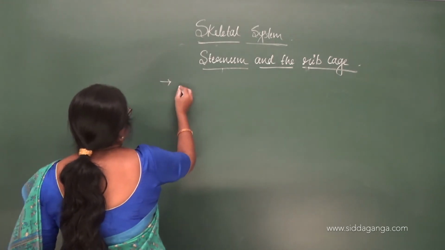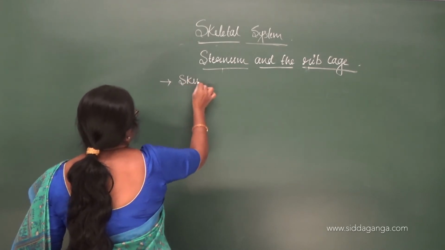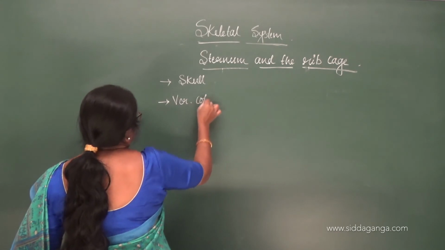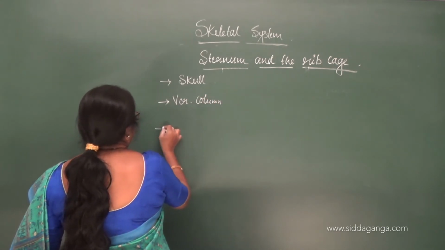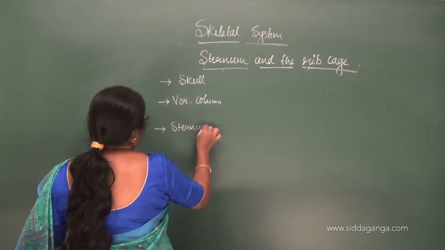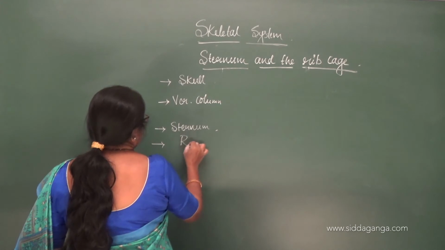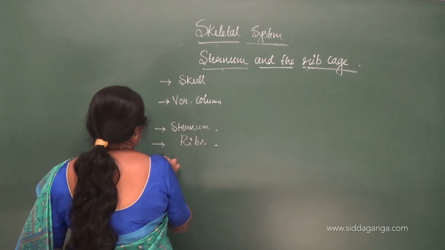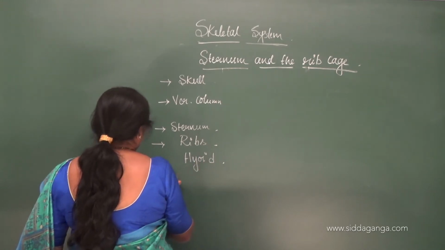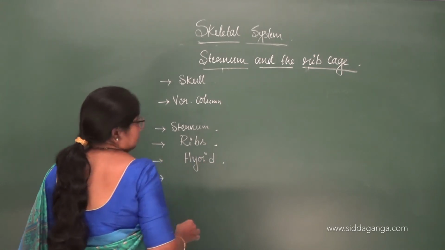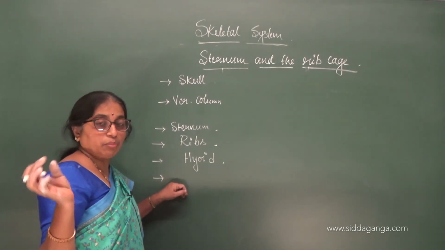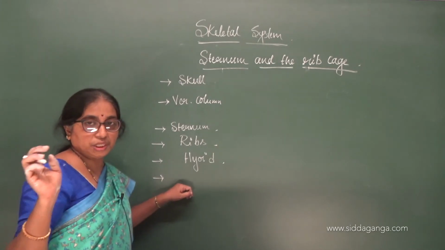So firstly it is the skull, then the vertebral column, then the sternum, ribs, the hyoid bone, and finally the tiny bones of the middle ear, the malleus, incus and stapes.